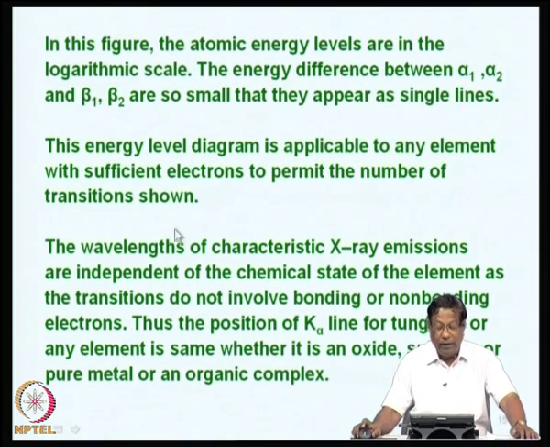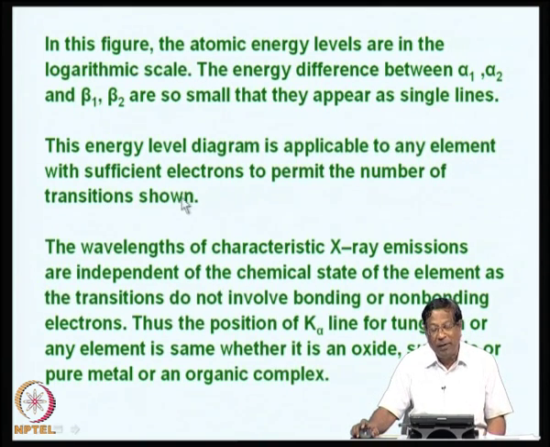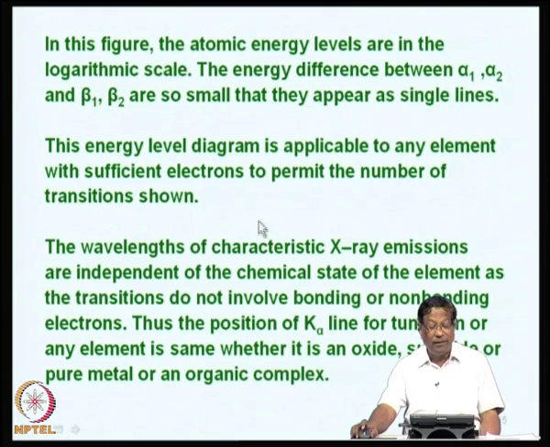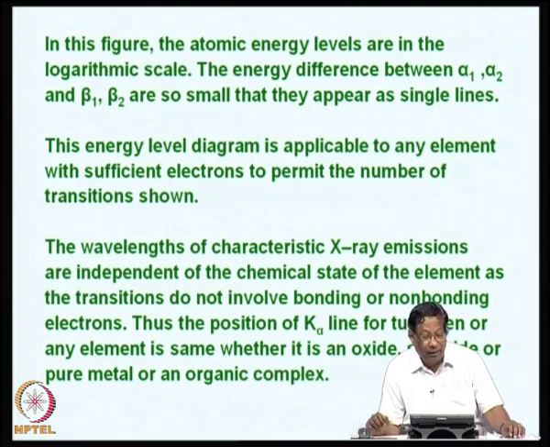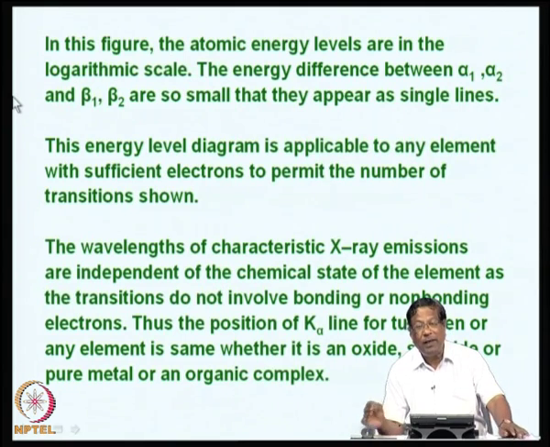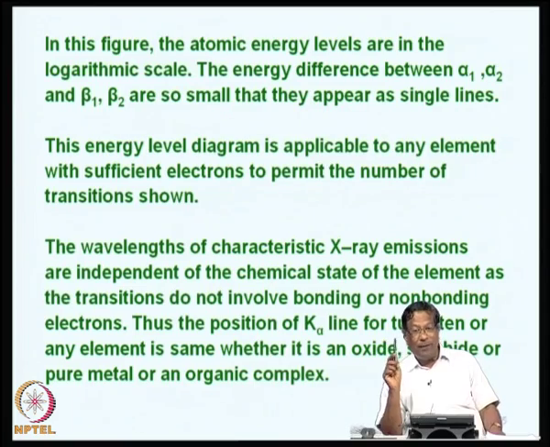The wavelength of characteristic X-ray emissions are also independent of the chemical element, as the transitions do not involve bonding or non-bonding electrons. For example, the position of the K alpha line for tungsten or any element is exactly the same, whether it is an oxide or a sulphide or a pure metal or an organic complex.